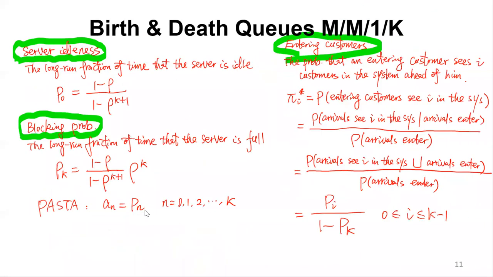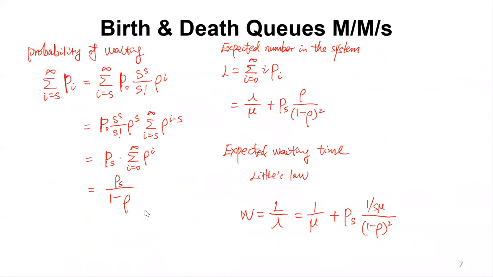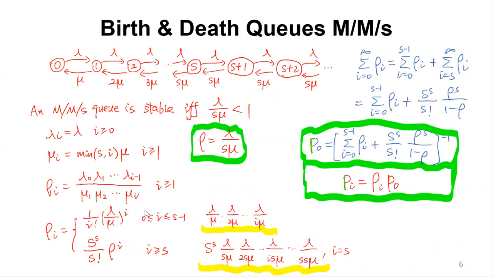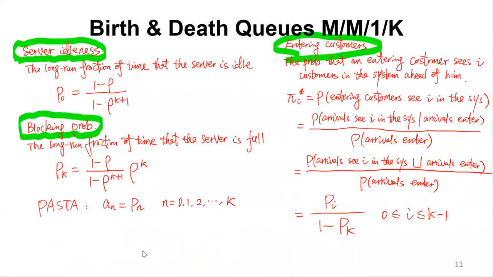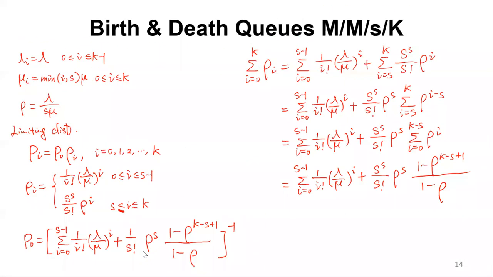If you go to the previous one, this is capped at infinity, right? It goes to infinity. Now you have a cap that goes to K. And then if you do the summation, you sum all the rho_i together to K, and with this derivation, you will be able to get this part.